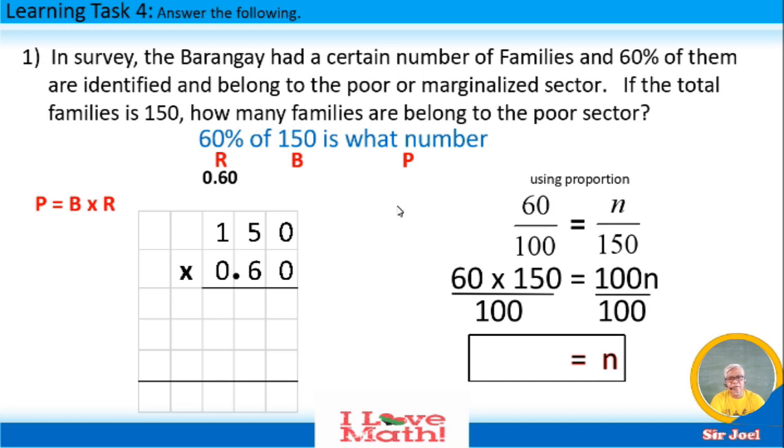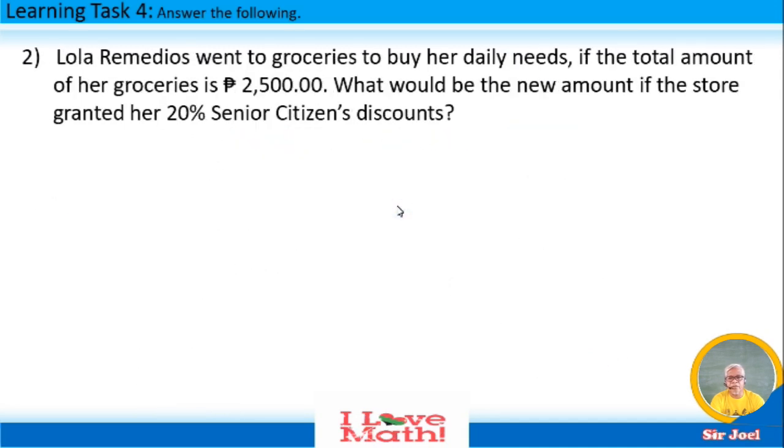Okay? Now, next, number 2. Lola Remedios went to groceries to buy her daily needs. If the total amount of her groceries is 2,500 pesos, what would be the new amount if the store granted her 20% senior citizen's discount?